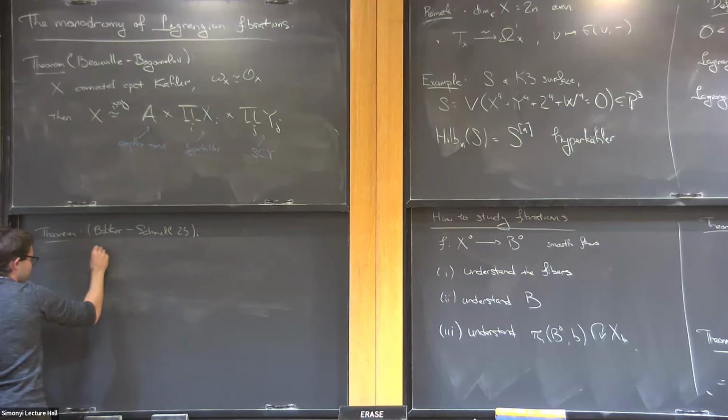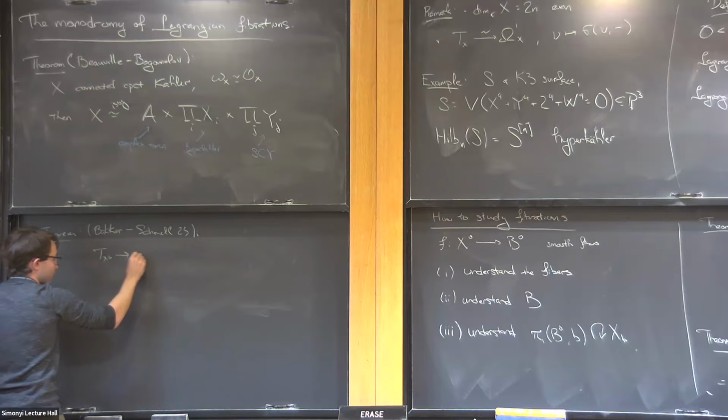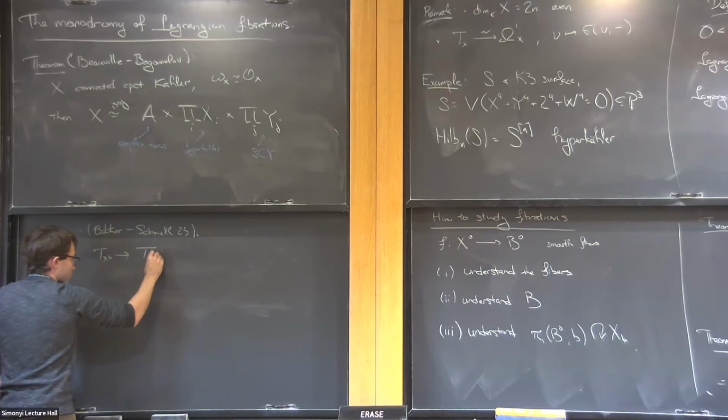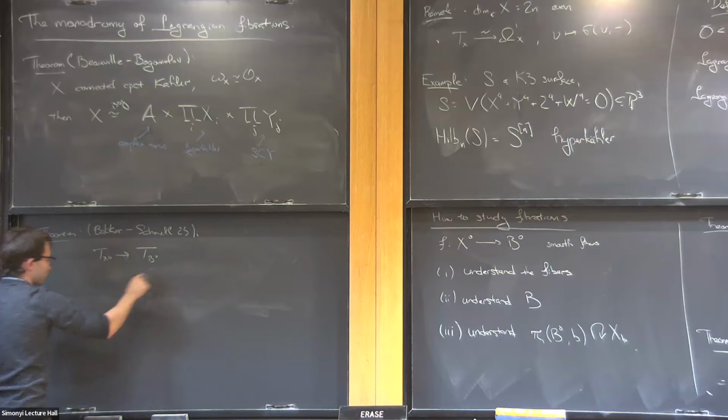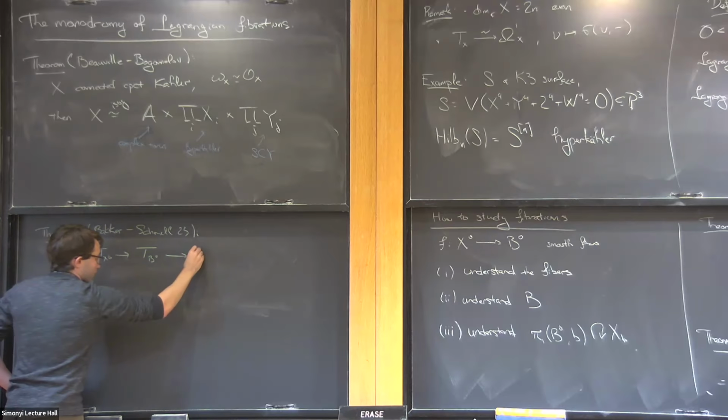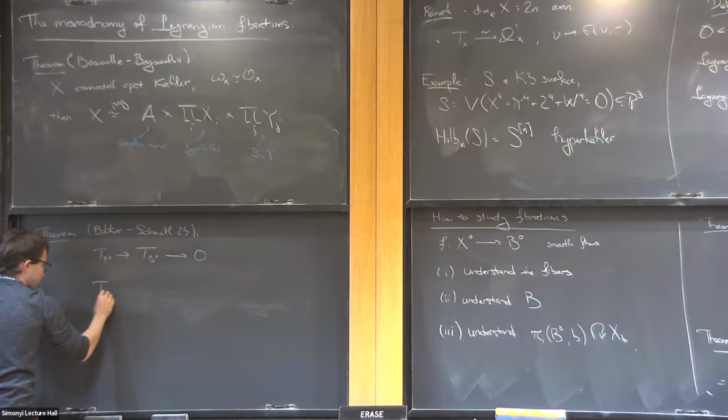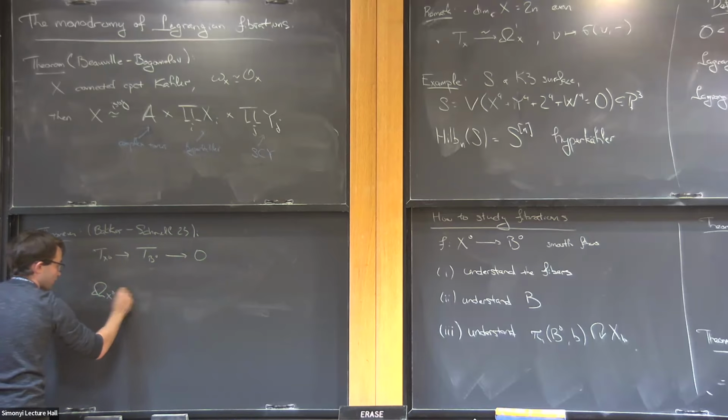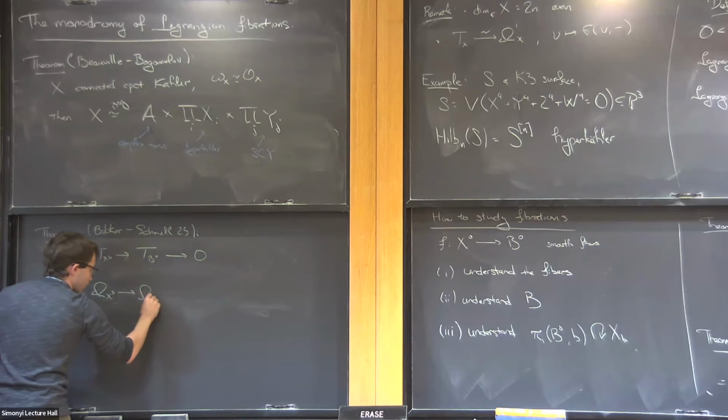Well, actually, they both sit in these short exact sequences where I have the tangent bundle of the base here. Similarly, this is the cotangent bundle of X. This is contravariant, so this should be the relative cotangent bundle.